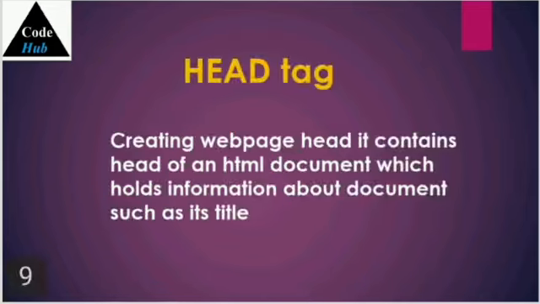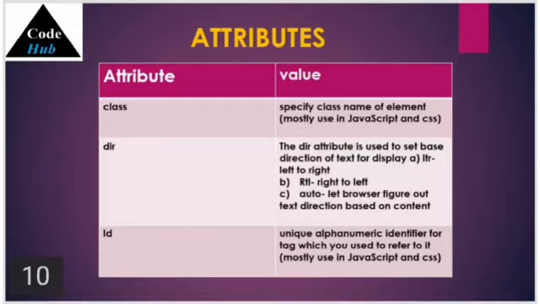The next is the head tag. The head tag contains information about the document such as its title. It is a prior tag. Now let's know about its attributes. Class, which specifies the name of the element. Second, dir, which is used to set the base direction of the text for display, which is LTR, RTL, auto.